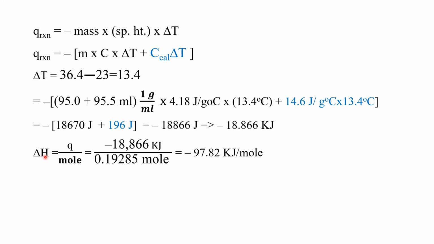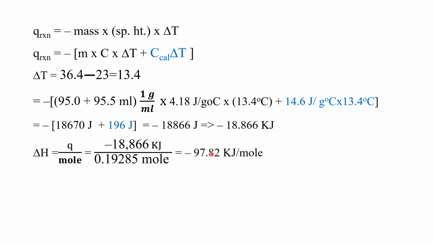Pero yung delta H is Q over mole, the amount of mole that reacted. So, ito yung limiting reagent. So, we consider the mole of limiting reagent since yung excess reagent hindi naman na magre-react. So, yung limiting reagent lang ang i-consider natin. So, the Q that we obtain from here over mole of limiting reagent will give you this value.